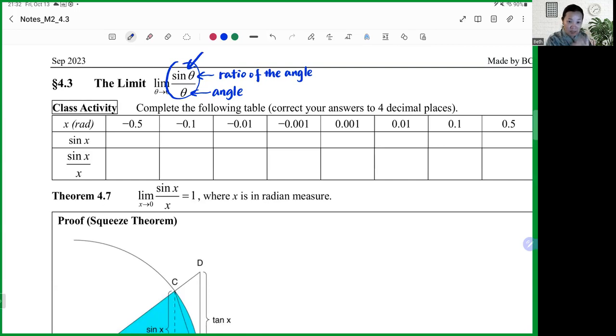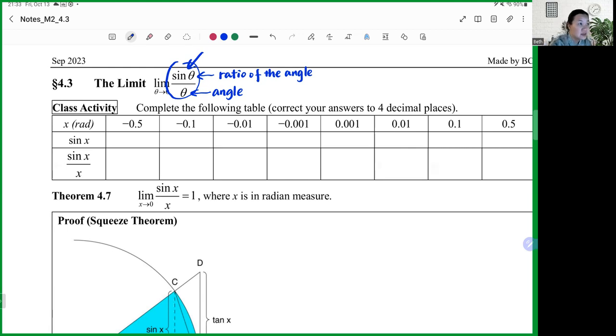But a radian is defined as the arc length divided by the radius, so that is a ratio as well. In fact, we're comparing a ratio to another ratio. So x here is equal to some radian, and these values are all in radian. Change your calculator from degree to radian.